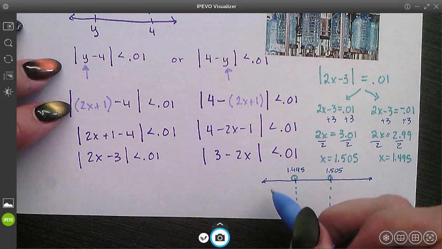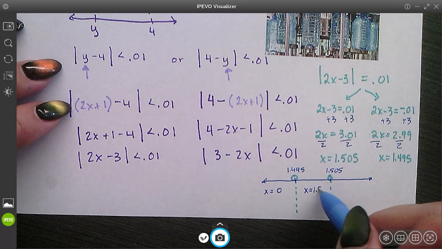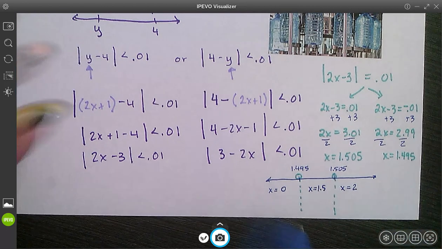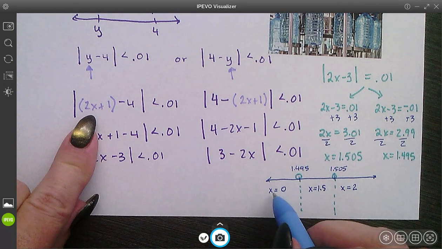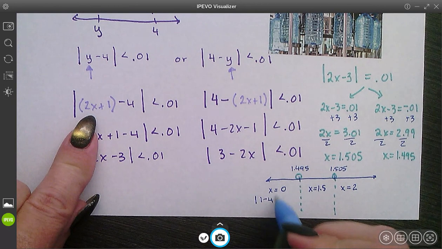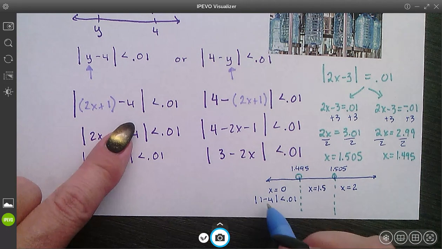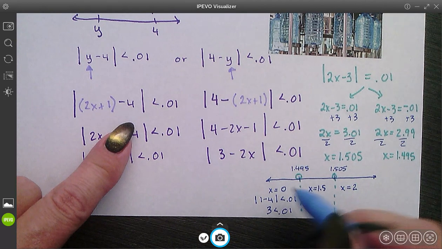These are x's. So I'll pick maybe x equals 0, maybe x equals 1.5, and maybe x equals 2. So I'm going to do 2 times x plus 1. 2 times 0 plus 1 is 1, minus 4. Is that less than 0.01? Well, 1 minus 4 is negative 3. The absolute value of that is 3. So is 3 less than 0.01?